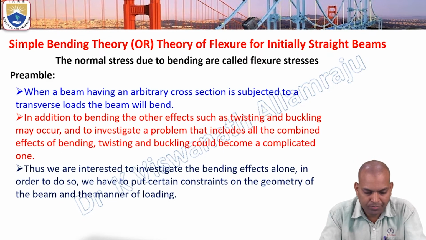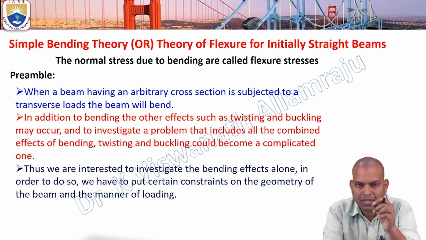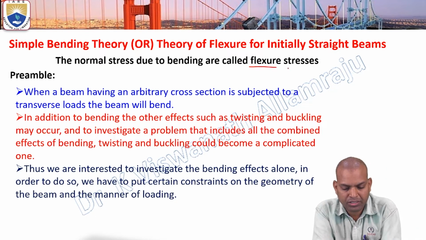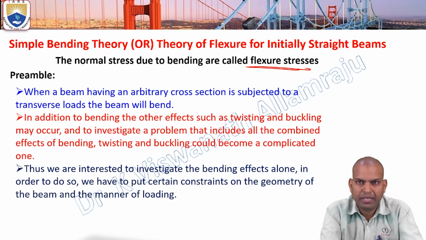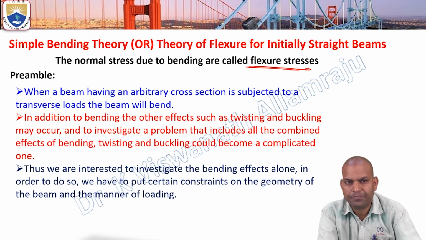So what is the preamble for this? The normal stresses due to bending are known as the flexural stresses. That's why it is known as simple bending theory, or flexural theory, or theory of flexure. For what type of beams? For straight beams we are going to study.